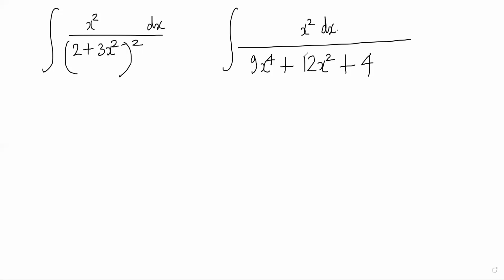Dividing by x square, you'll get integral dx by 9x square plus 12 plus 4 by x square. That won't work. We want some x cube as t. We want some x cube substitution somehow.